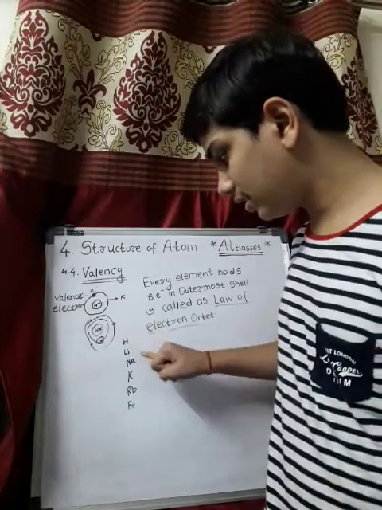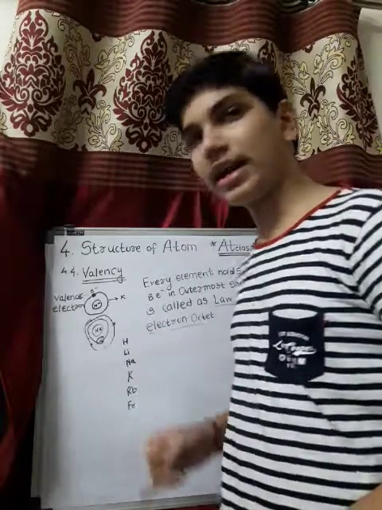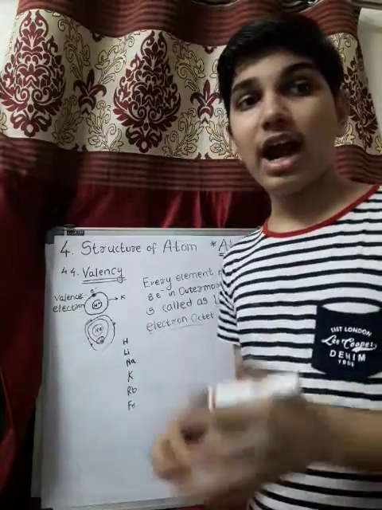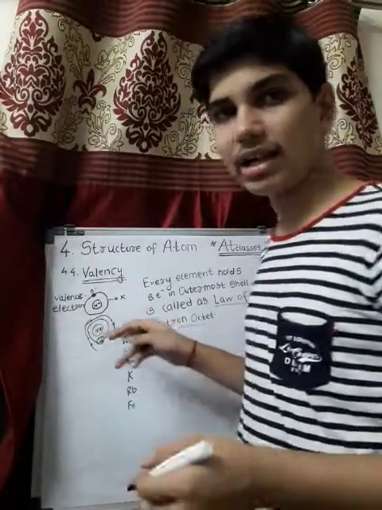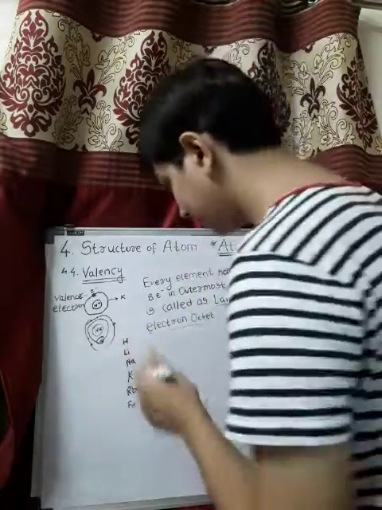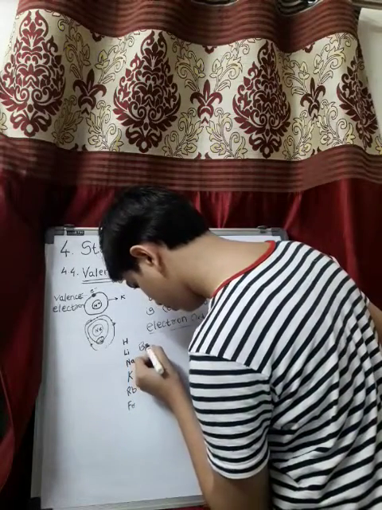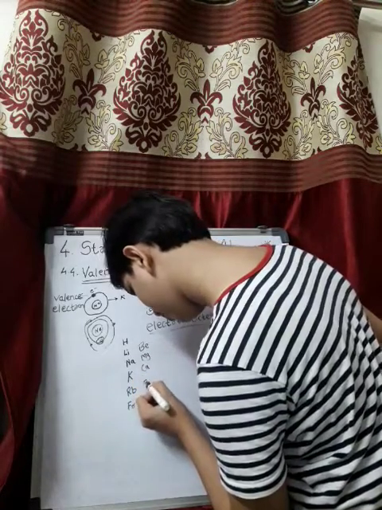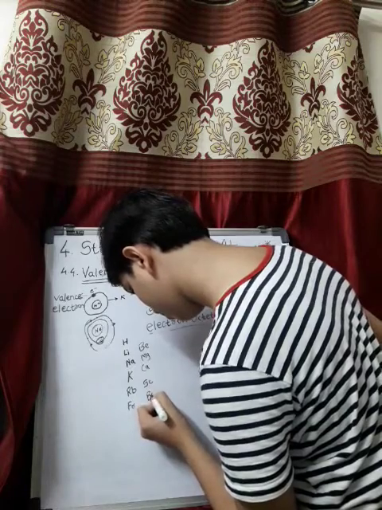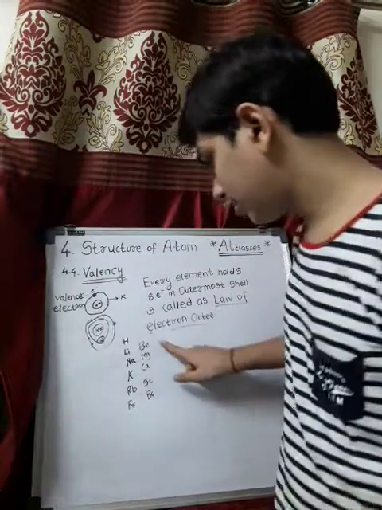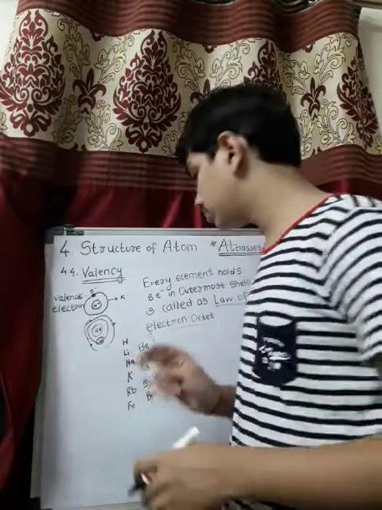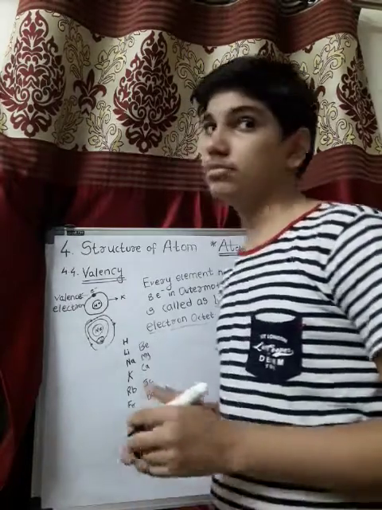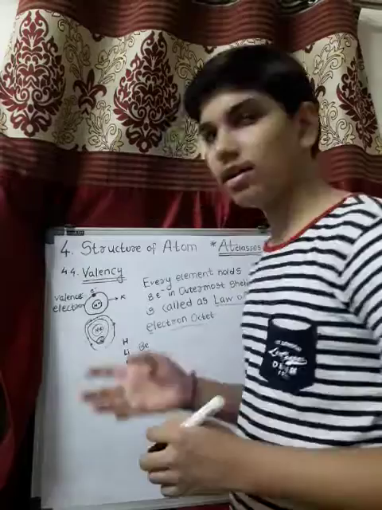Now these hydrogen, lithium, sodium, potassium, rubidium, francium all have valency 1. In the same way, the second group, the alkaline earth metals, have valency 2. So beryllium, magnesium, calcium, then strontium and barium. So these are the alkaline earth metals.